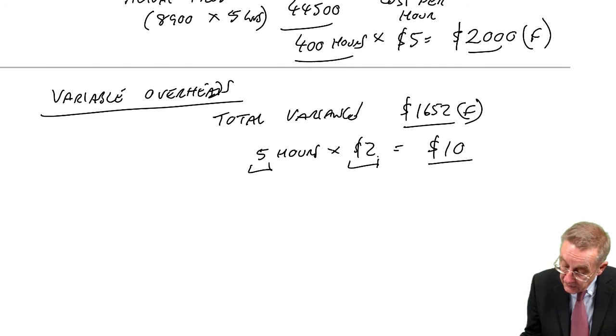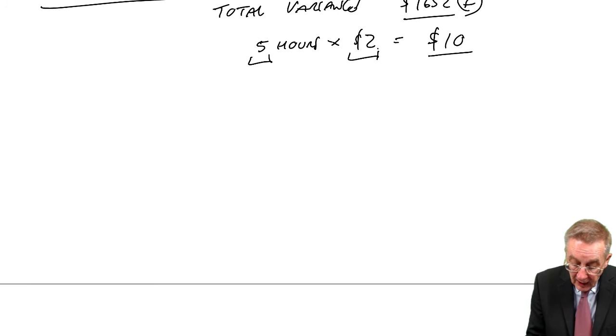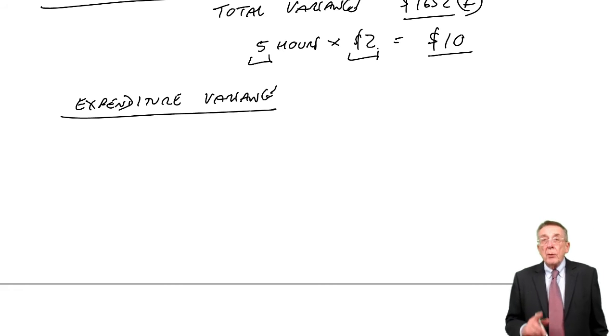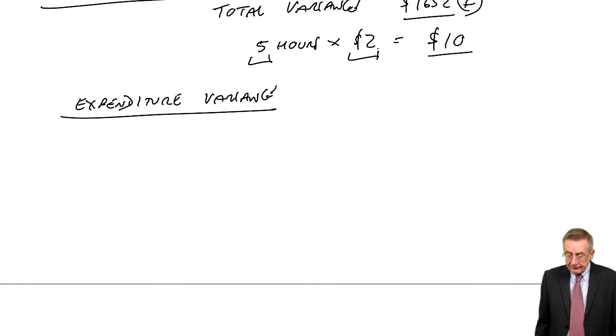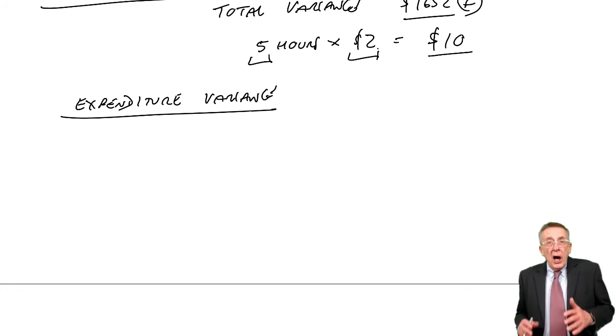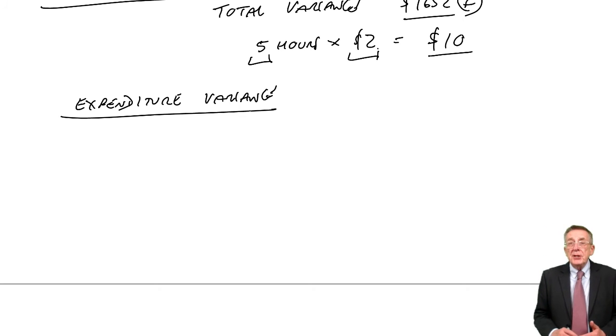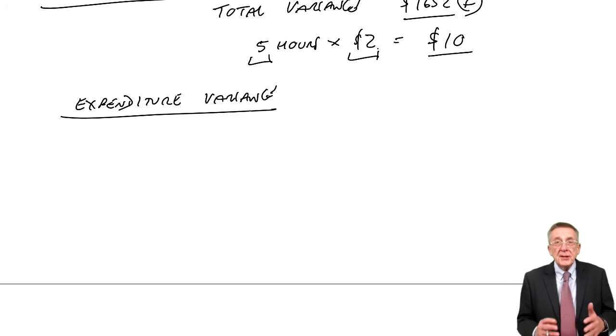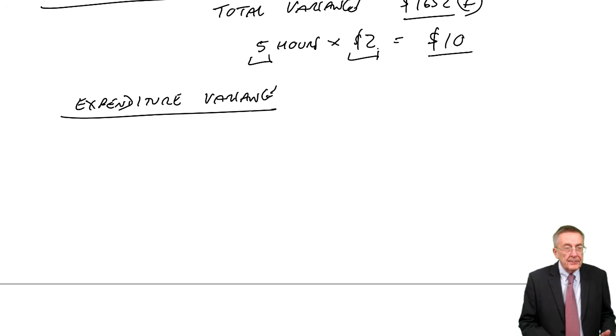Let's look at the $2 first of all, and we call this the expenditure variance. However, one very important thing here, for overheads, we do assume that we're only paying overheads during hours they're actually working.